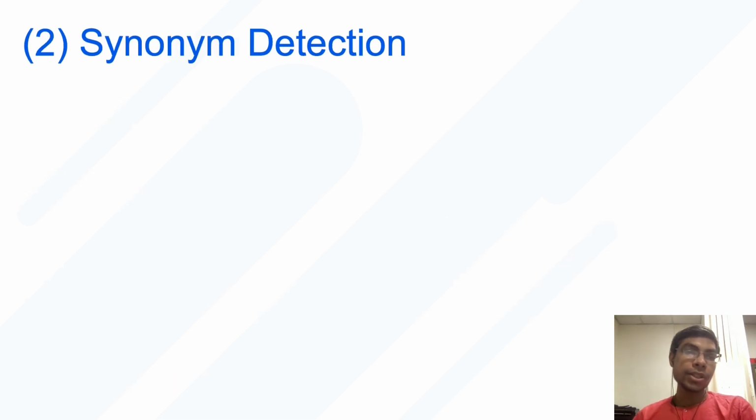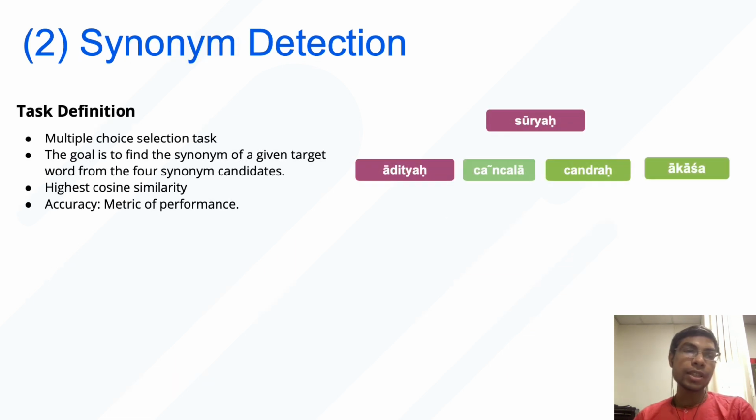Next, synonym detection. It is a multiple choice selection task. The goal is to find the synonym of a given target word from 4 synonym candidates. For example, in this case, Surya is the target word, and out of 4 options, Aditya is the correct synonym that our approach is supposed to find.